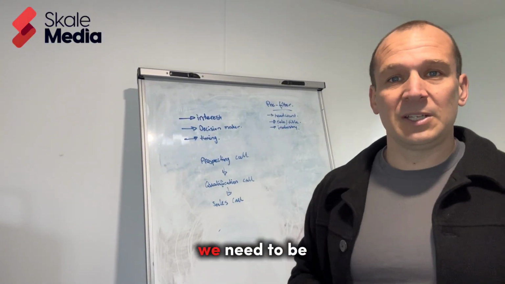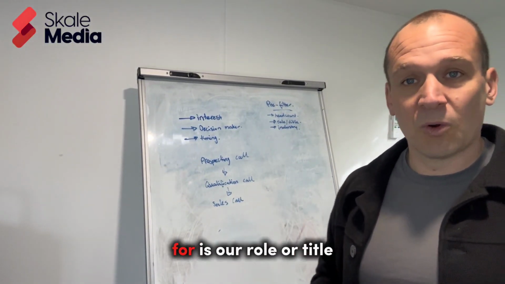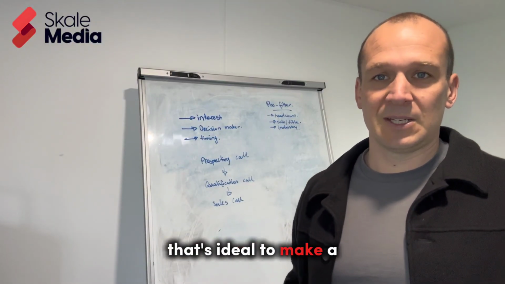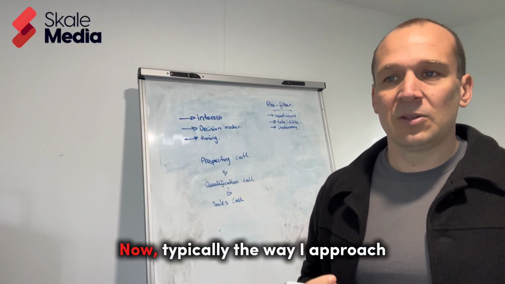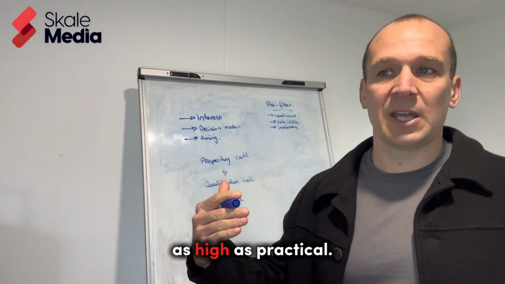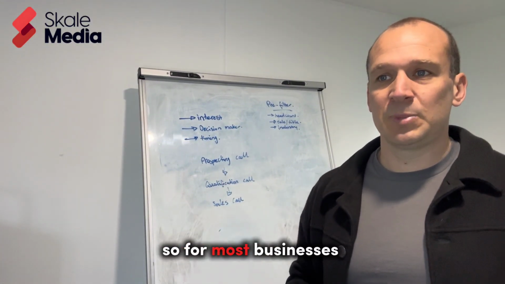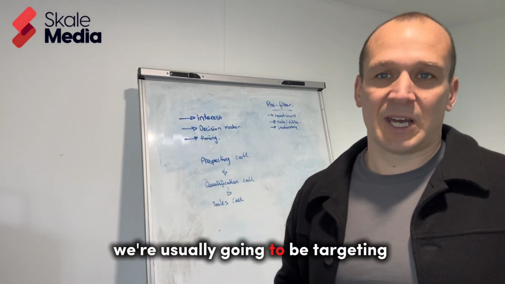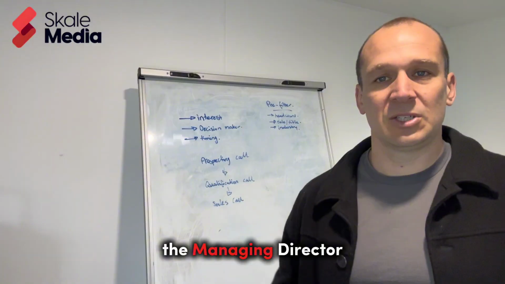Another thing that we need to be aware of or filter for is our role or title. So who is that person that's ideal to make a decision in the business? Typically the way I approach this is you want to go as high as practical. So for most businesses that are less than 250 staff, we're usually going to be targeting the business owner, the CEO, the managing director.